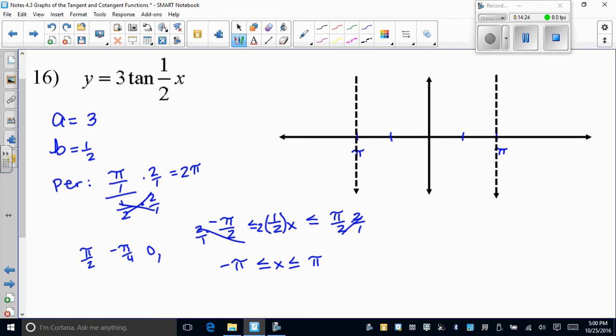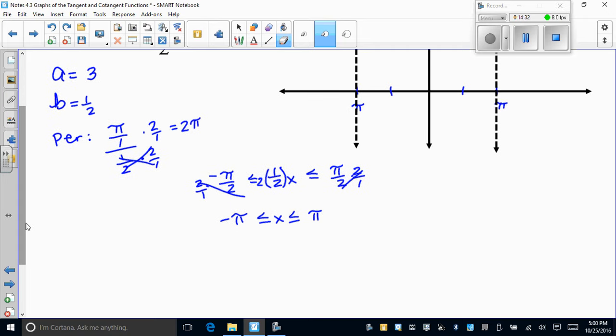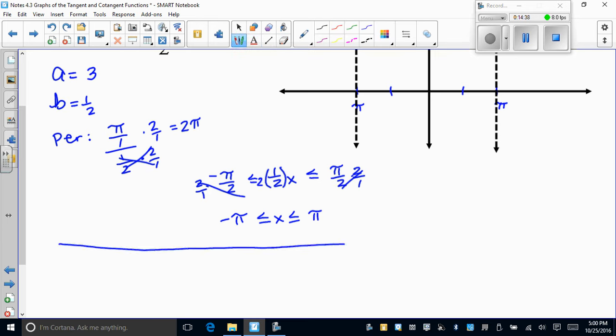Okay, normally we would do -pi over 2, negative pi over 4, 0, pi over 4, and pi over 2.